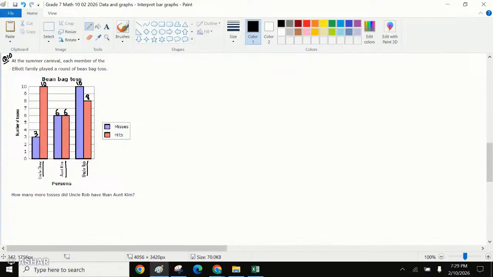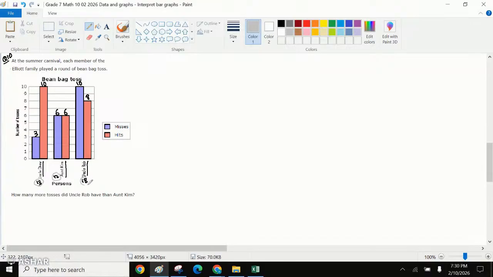Okay. A very simple question. The question I'm asking is, did they all play same number of times? Because 10 plus 3 would be 13. 6 plus 6 is 12. And this is 18, right? So they all did not play the same number of times, right?